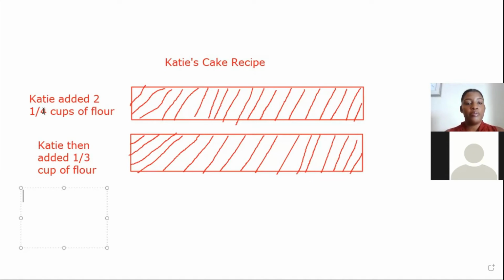So when we multiply 4 times 1, 4, that's not a common multiple of 3, because when you multiply 3 times another number, you will not get 4. So 12 is a common multiple of both, because when you multiply 4 times 3, you get 12, and when you multiply 3 times 4, you'll get 12. So we can multiply both of them and get the common multiple, and that would be the lowest common multiple.